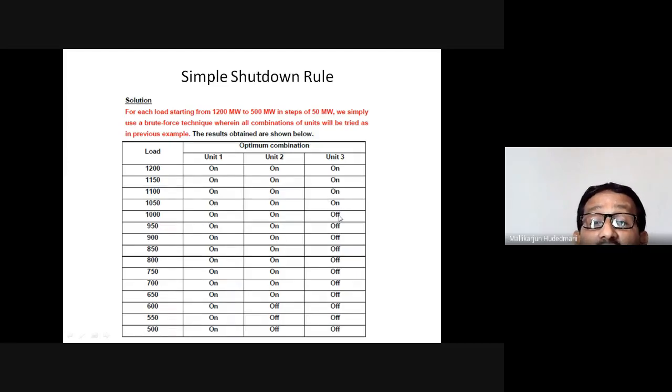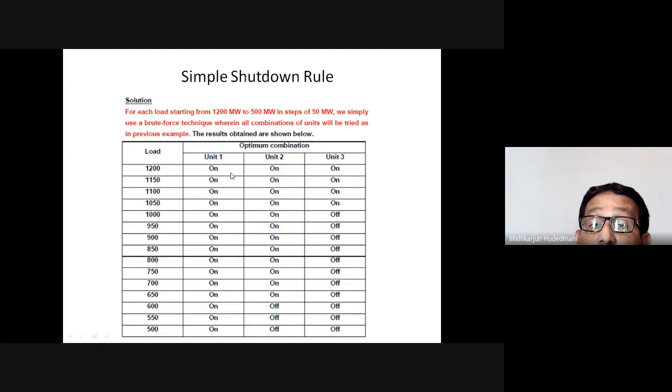What does it indicate? Why is unit 2 not taken out rather than unit 3? It is the decision at 1000 megawatt, from 1200, as the load falls gradually. It is intelligent to take out machine 3 because its production cost is costlier.